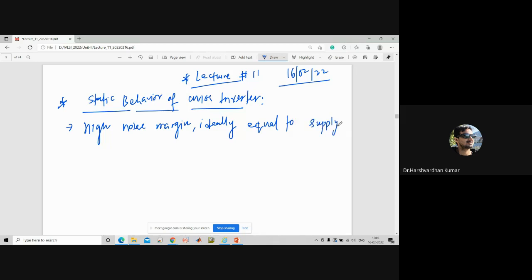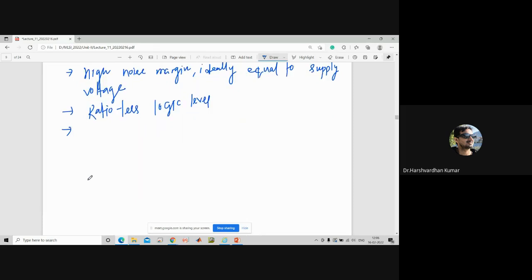So what is the supply voltage here? And second is ratioless logic level. One by one we will discuss. Then the third point is low output impedance.